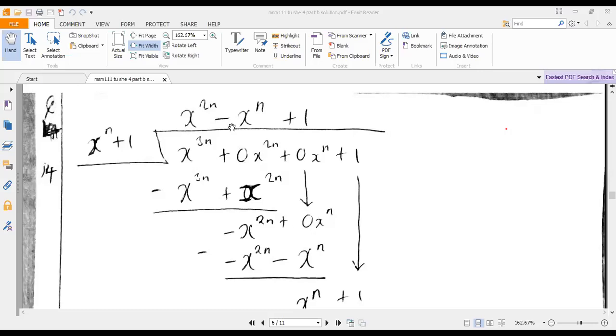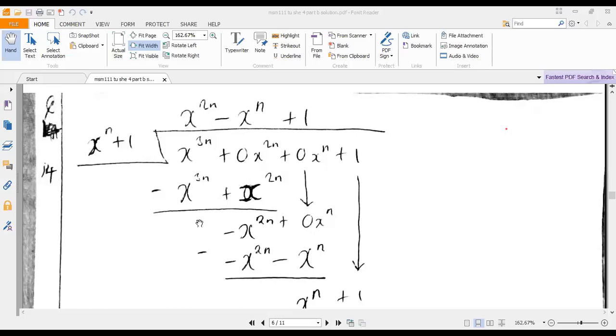Kindly explain to me how you go forward after we subtract x to the power 3n minus x to the power 3n from here. Okay, let's say you are here, right? You have negative x to the power 2n. You're okay with this part, right? I'm a bit behind here. How did you get to this part from where we subtracted x to the power 3n minus x to the power 3n?